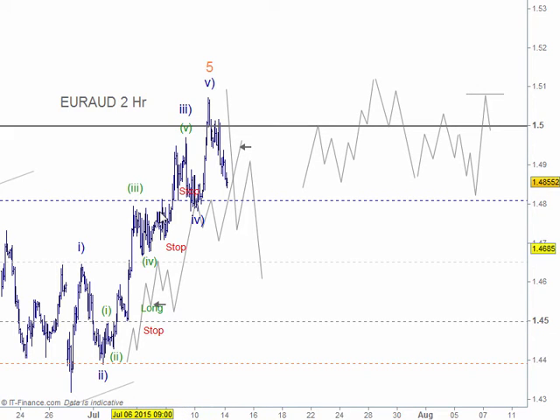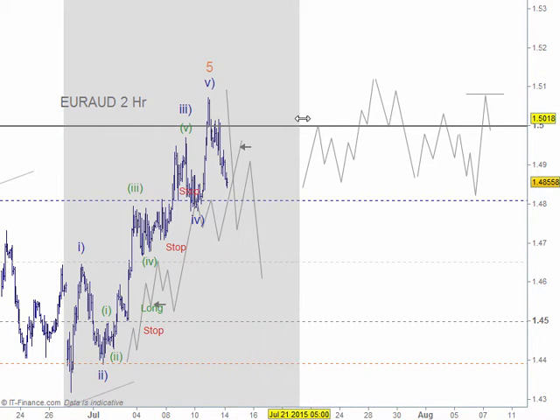So we have traded little sections up here, and also looking for the move down.